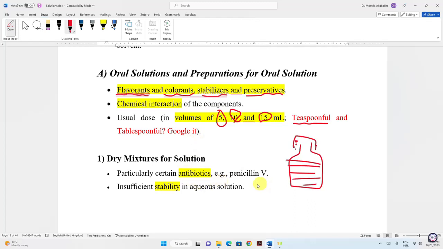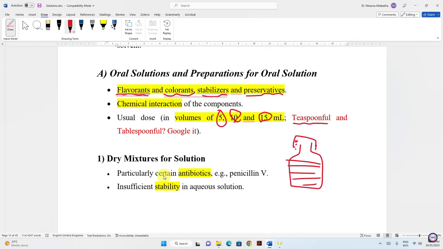So antibiotics are a typical example, but sometimes they also use powder, because powder will occupy smaller volume in the pharmacy.